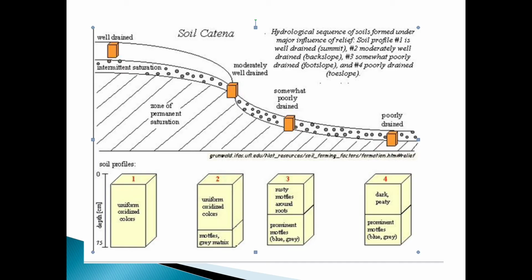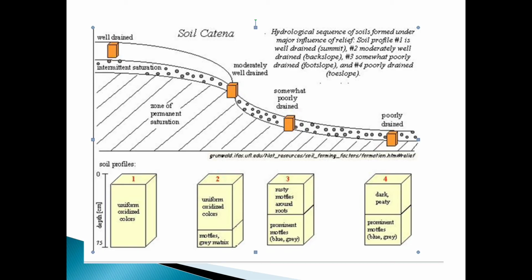So, here you can find, meron dyan sa soil catena. So, we have there the well-drained at the summit, yung pinakatuktok ng bundok. And then we have there the shoulder, which is moderately well-drained. So, dito, pag titingnan natin yung soil profile number 1, you can expect soils there to be well-drained kasi malalim yung kanyang depth.